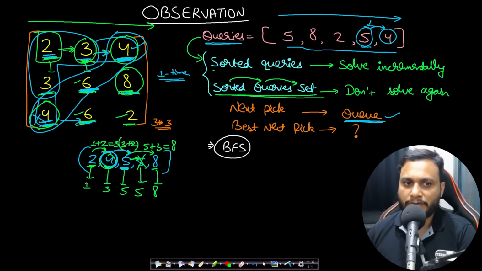But the best way to solve this would be to greedily pick the best option as the next best option, you can say, right? So if I have solved for 4, then for 5, out of these options 4, 6 and 4, which will be the next best option for this 5? It will be 4, because the smallest of the next to be solved will be the next best option.